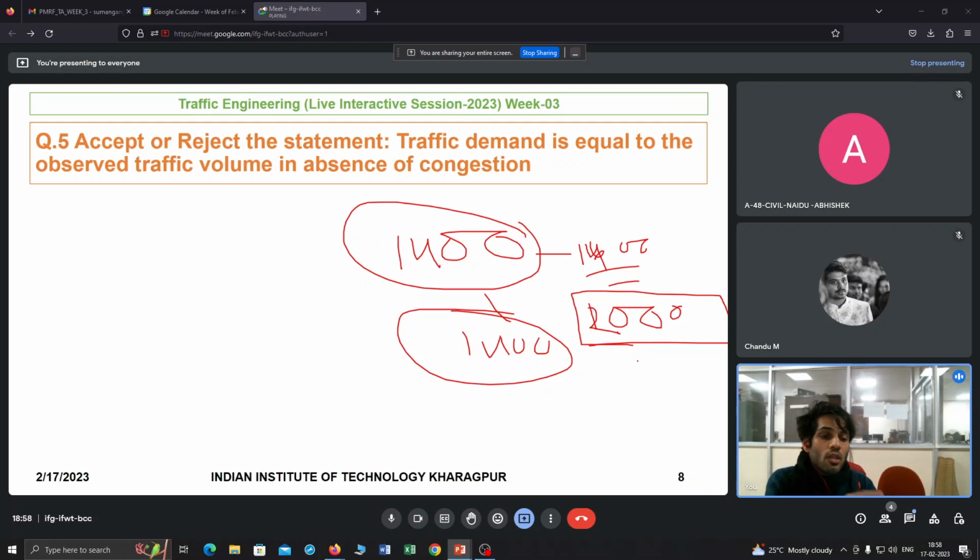But because of the previous hidden demand, suppose it is 600 or 500, you see that the situation remains the same.